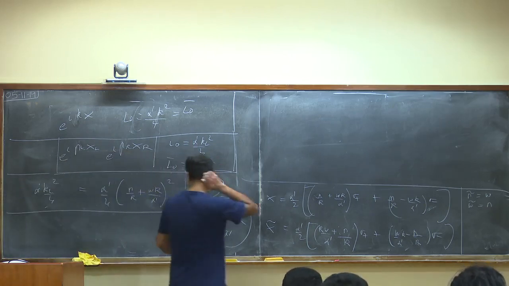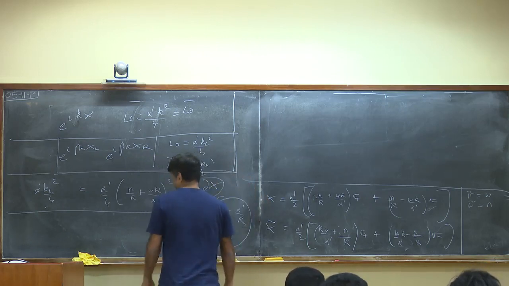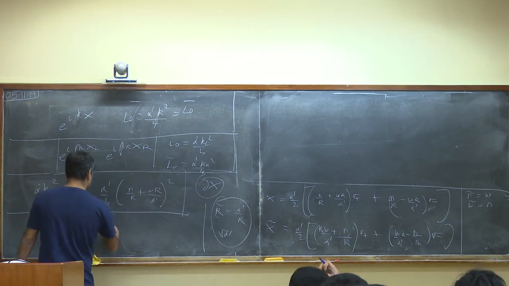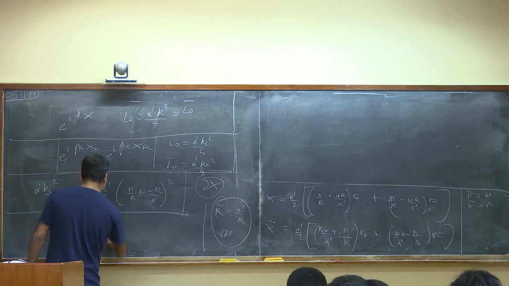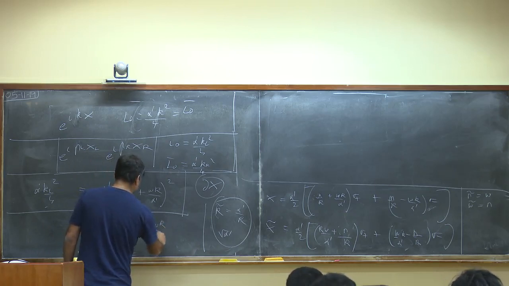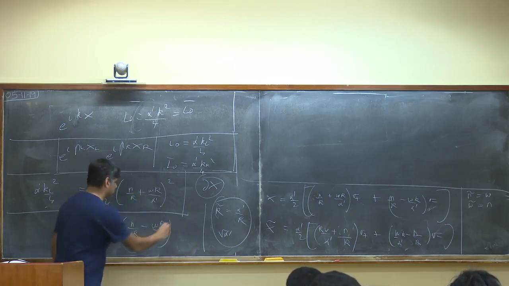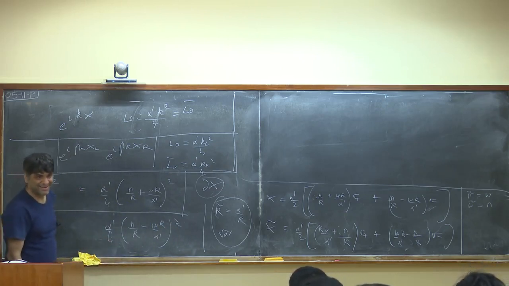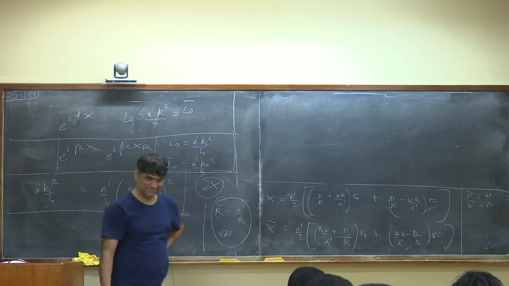So what we had was that this was L0, and then there was alpha prime by 4 times n by R minus wR by alpha prime, squared. So the first thing is we want L0 bar to be equal to 0.